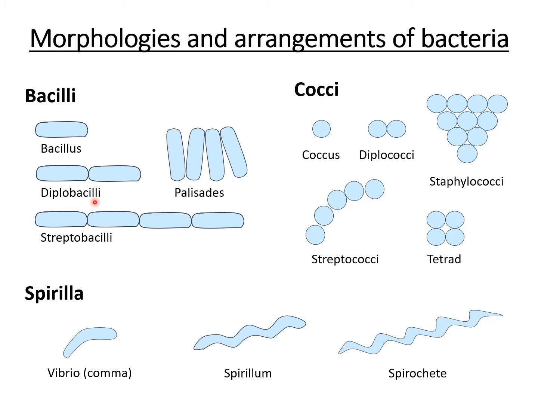And then we say bacilli, the plural of bacillus. Now, could you have a bacteria arranged as a single bacillus on one day, and then on the other day, when you view it under the microscope, you would see it as diplo? No, you will never see that. Bacteria tend to stick with one shape and one arrangement.